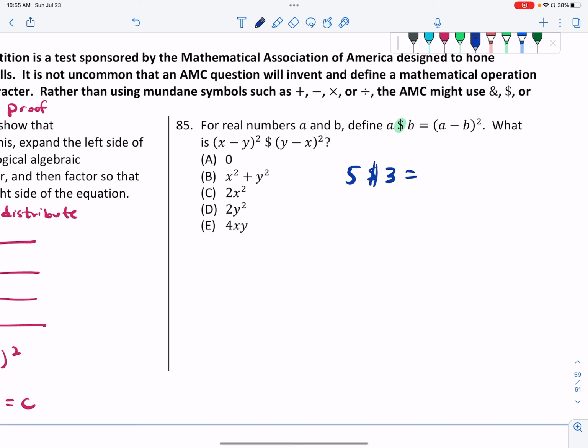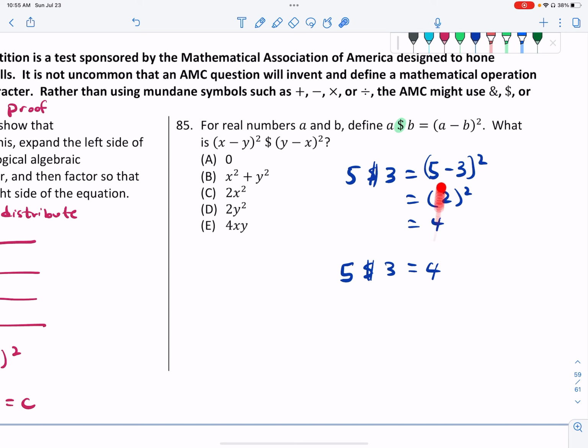Well, what that just means is that this tells you what the operation is supposed to do. It tells you to take the first one minus the second one, and then you're going to square it, which is equal to 2 squared, which is equal to 4. So 5 $ 3 is equal to 4 in this make-believe, made-up operation.